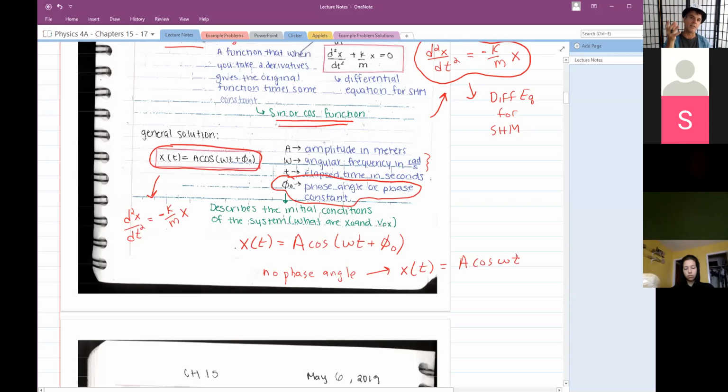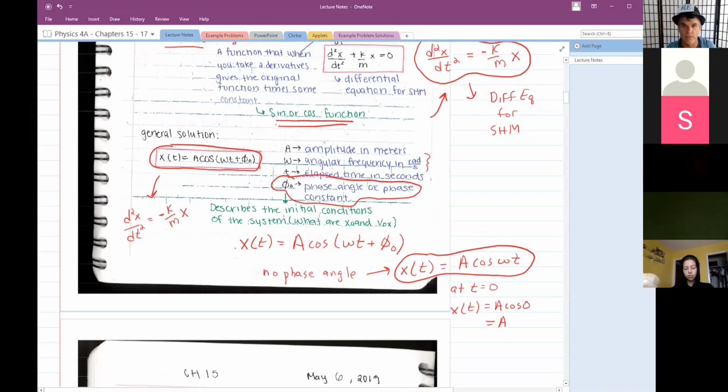This is not a complete enough function to describe all the different possibilities, because the way this is set up, at t equals 0, my position is A times the cosine of 0, which is just A. So if I didn't have that phase angle and I had an equation for position as a function of time that was just A cosine omega t, then I would always have to have x equals A at t equals 0.